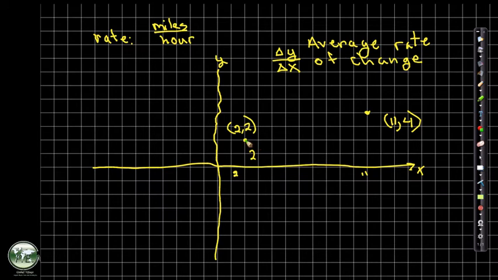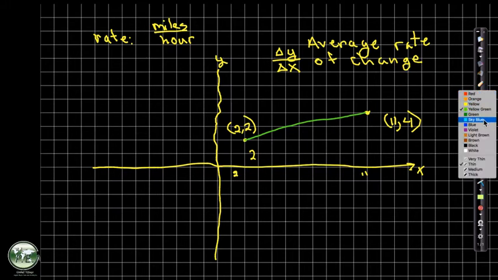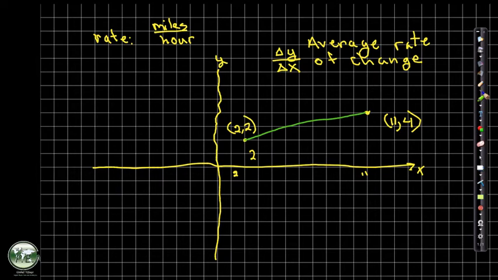And what we're trying to find out is, if we do the average rate, we'll pretend that's a straight line connecting them. What we're looking for is the change in y over the change in x, right?